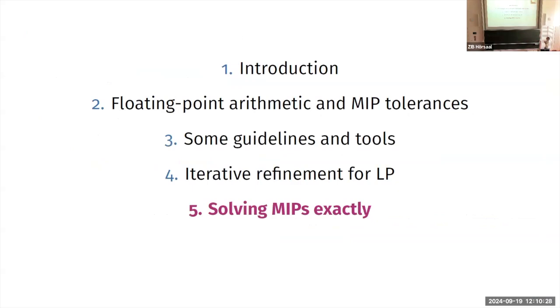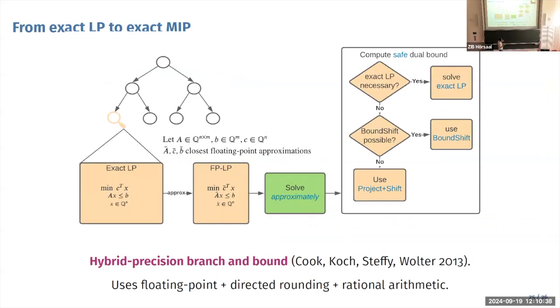And the second thing I wanted to tell you is that this solution of LPs exactly, you can also use in a branch and bound process for solving MIPs exactly, which uses exact LP solving, but also much more sophisticated techniques that do not require exact LP solving.